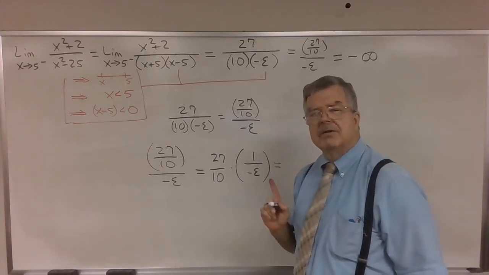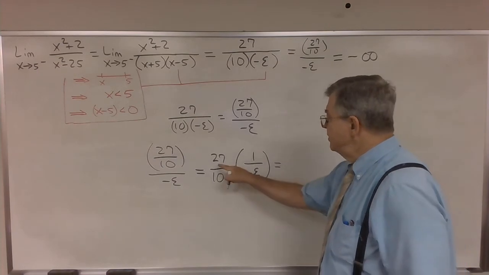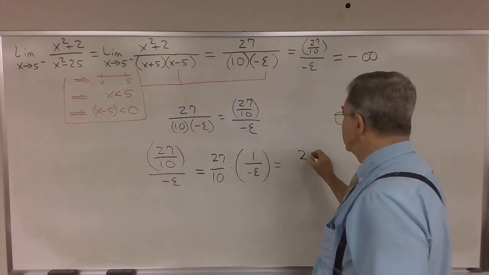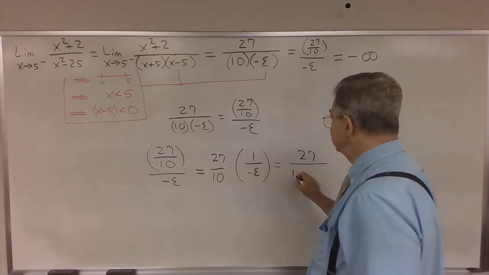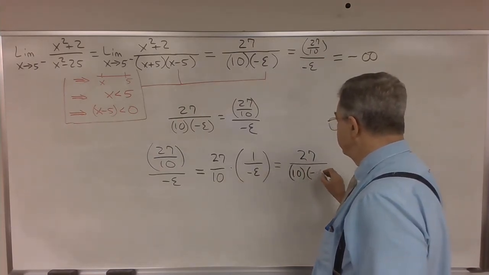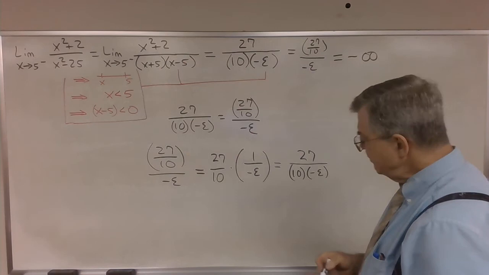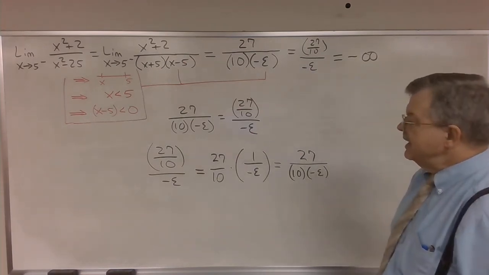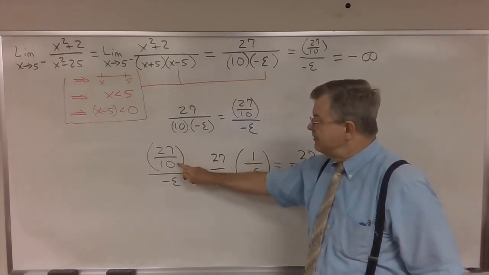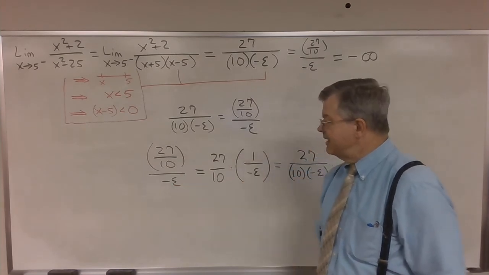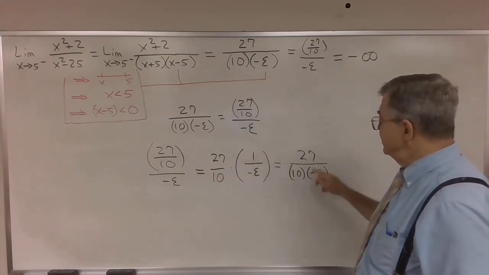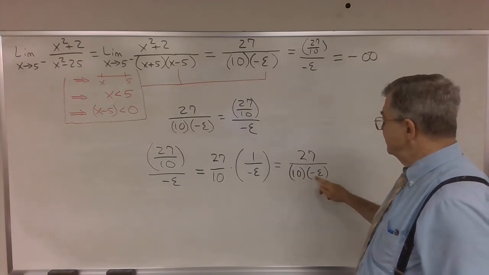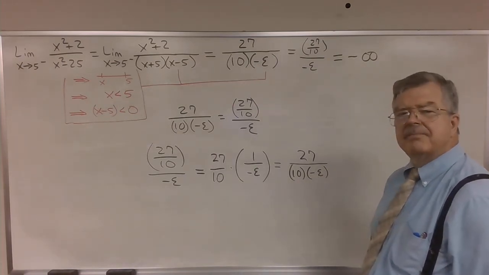And now when we multiply this out, don't we multiply across the top? And don't we multiply across the bottom? Well, the point is, 27 over 10 divided by negative epsilon is the same as 27 over 10 times negative epsilon.